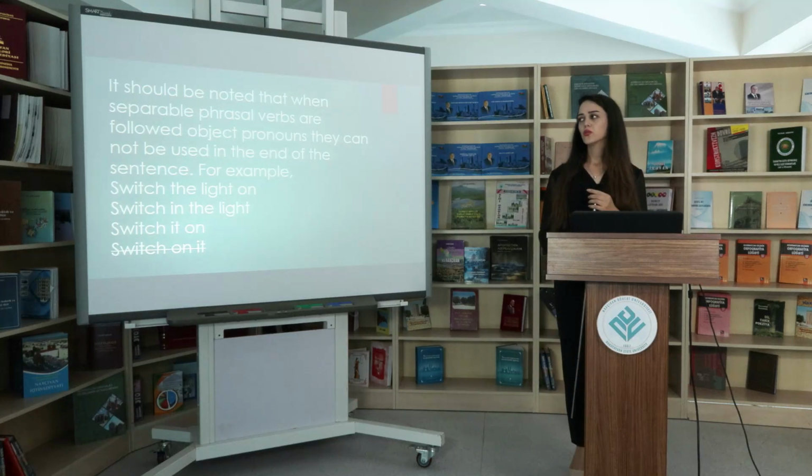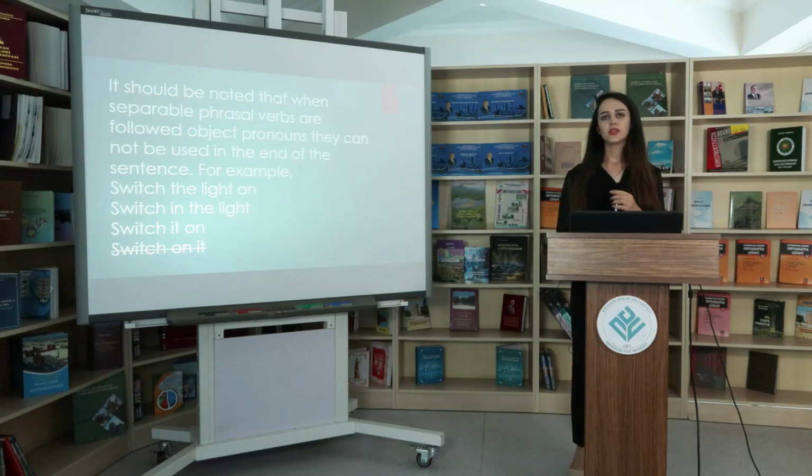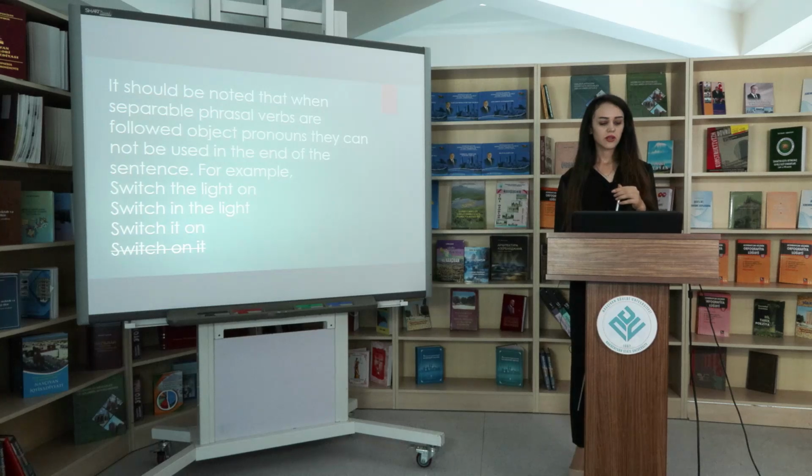If you don't know the difference between them, you should know that we always use switch on or switch off with the light. For example, please switch the light on before you go, switch the light off before you go to bed.